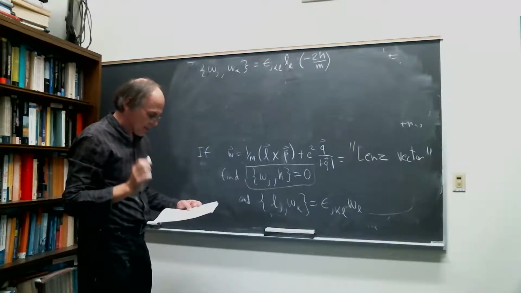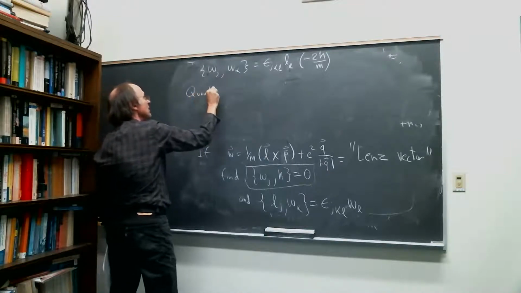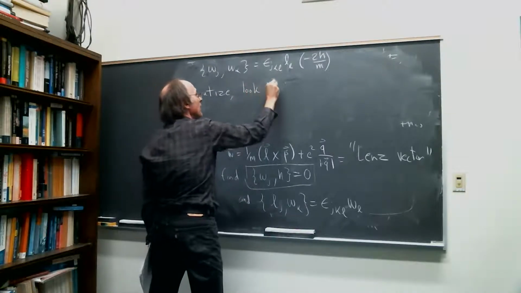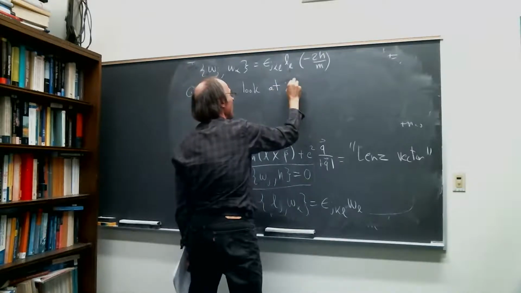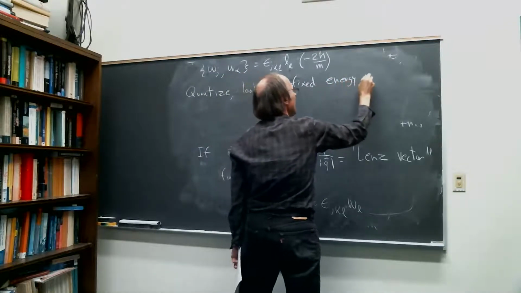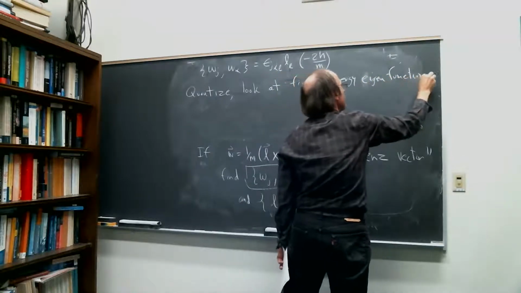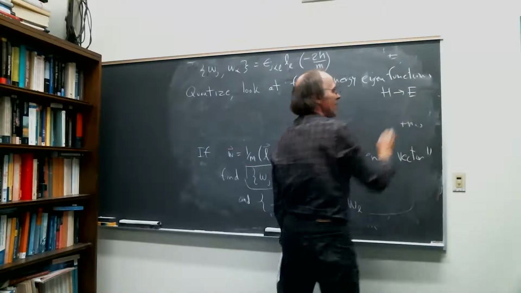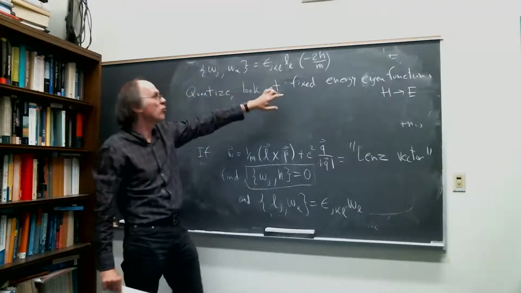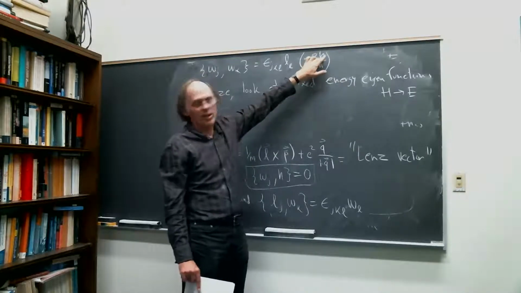Okay, so our idea is that we're going to quantize and then look at fixed energy eigenfunctions, so H can be replaced by E. So what we're doing is trying to fix what happens if you're working at a fixed energy.